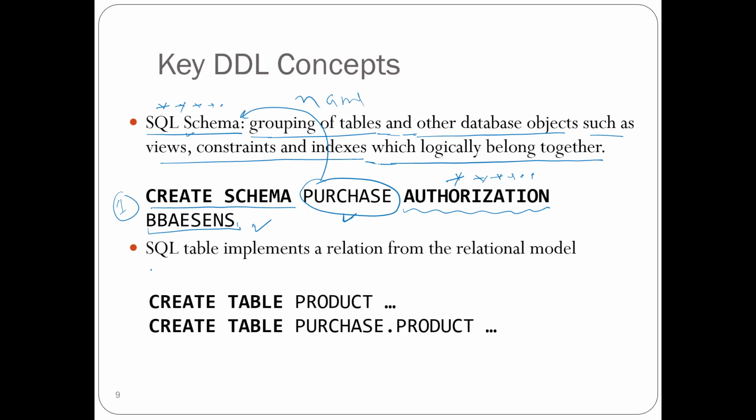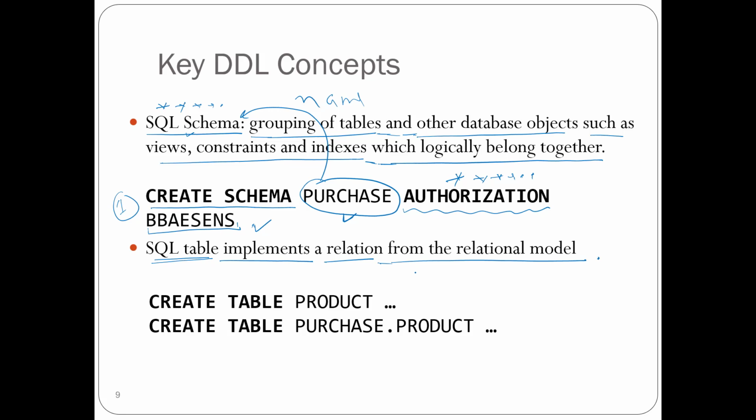Now, well, that was about schema. Let's look at the table also. In the schema, you will probably have multiple tables. So the SQL table, what is a table? That's the first question. The table in SQL implements the concept of relation from the relational data model. So the previous chapter was on the relational data model.